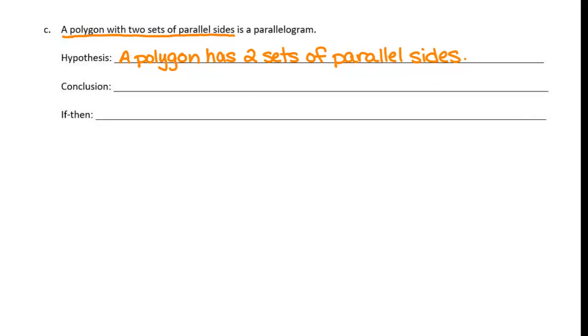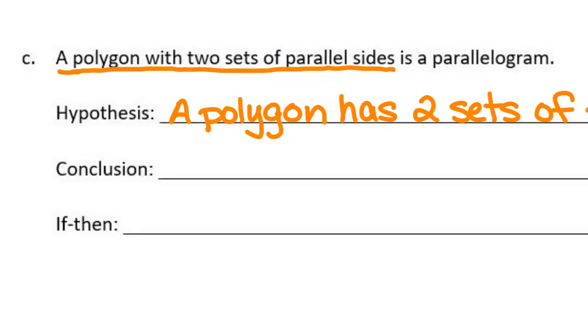What's the other idea that we didn't grab in that sentence that was part of the other sentence? Is a parallelogram. So what would be the parallelogram? What would we be referring to? What was the subject of the sentence? A polygon. So a polygon is a parallelogram.